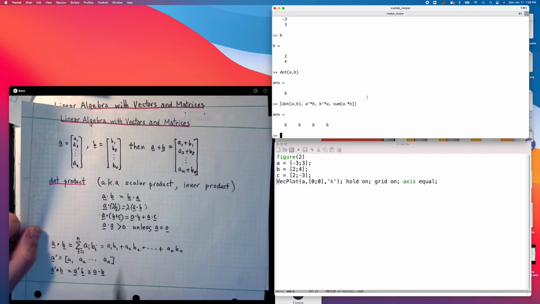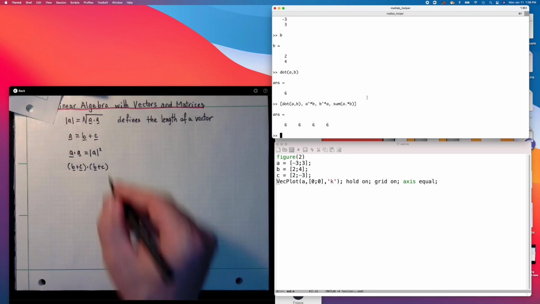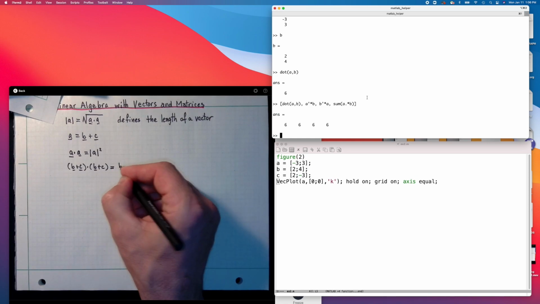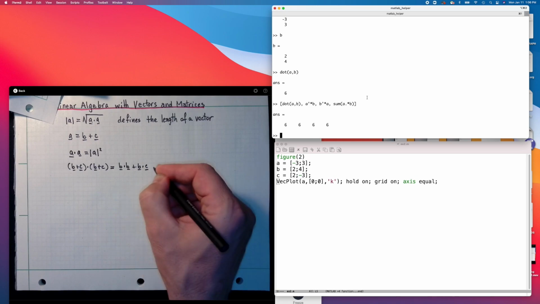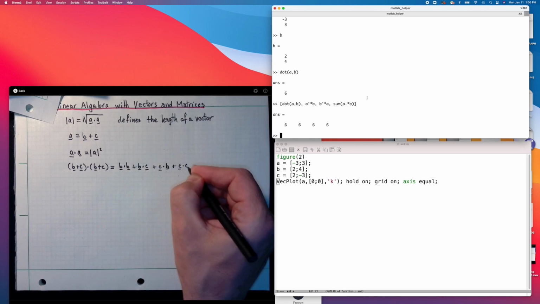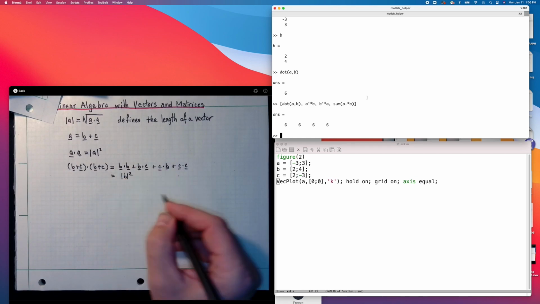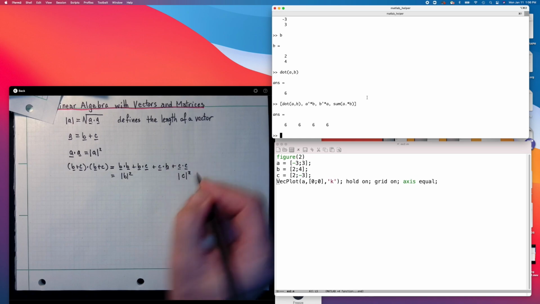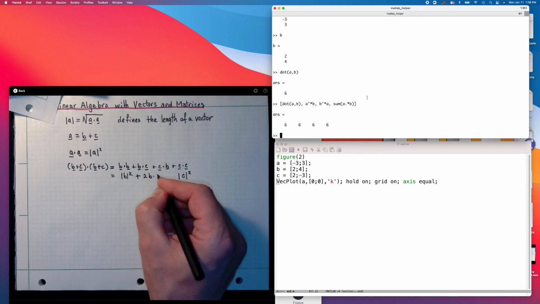I could distribute the A into the sum of the other 2. I'll get B dotted with B plus B dotted with C plus C dotted with B plus C dotted with C. This is the length of B squared. This one is the length of C squared. And these two, B dot C is the same thing as C dot B, giving 2 B dot C.